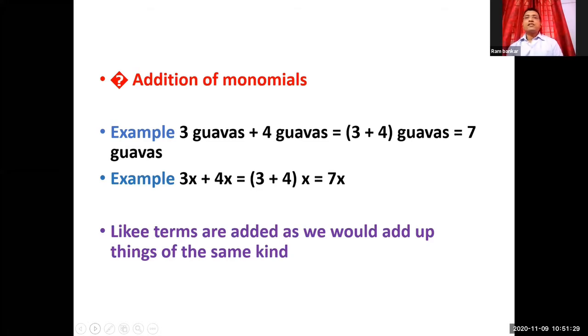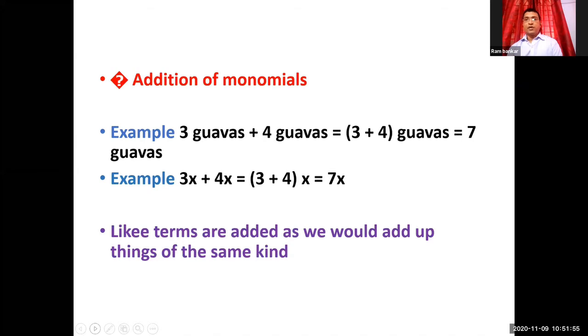Look at the slide, addition of monomials. Example is given, 3 gavas plus 4 gavas. Gavas means guavas. 3 gavas plus 4 gavas. Okay. 3 plus 4 is in the bracket and gavas is already written outside the bracket. So it is equal to 7 gavas.